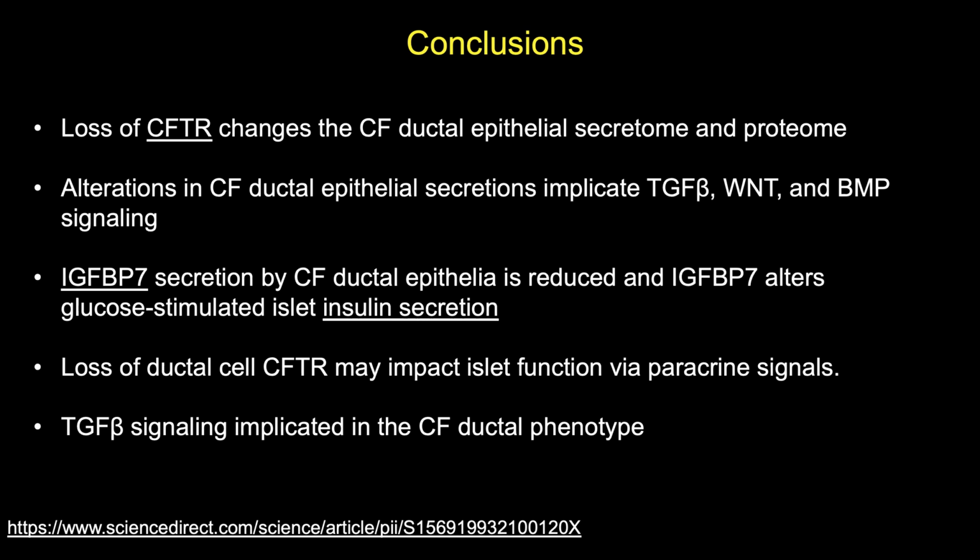One key candidate that we saw was differentially secreted in CF ductal epithelia is IGF-BP7, which we also found to alter islet function. Loss of ductal cell CFTR can impact islet function via paracrine signals, and TGF beta signaling can be implicated in the change in CF ductal phenotype observed in CF pancreas.